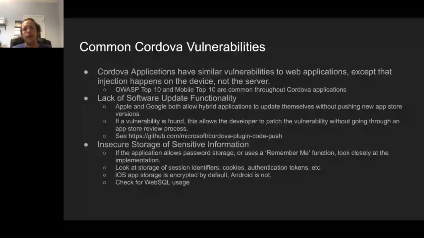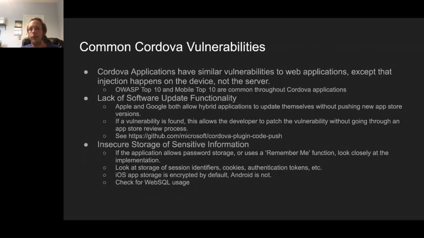The thing that I think is important for these hybrid applications is that if you look at it only as a native application, then you're going to miss a lot of the web-based vulnerabilities. If you look at it only as a web application, you're going to miss a lot of the mobile vulnerabilities. So it's really important when you're looking at these applications to make sure that you're testing both.